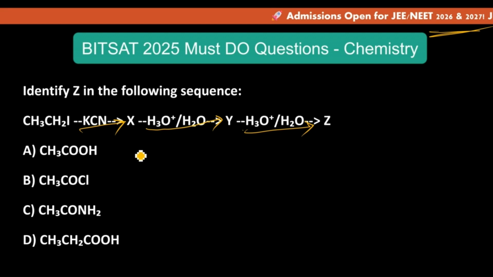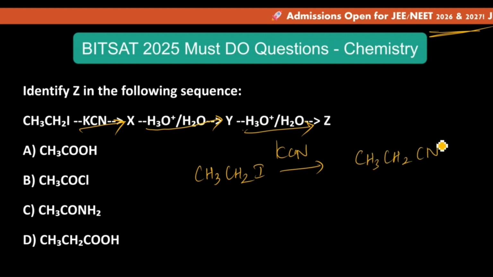So first, what will that give? CH3CH2I with KCl will produce CH3CH2Cl, correct? Just a substitution. It is undergoing hydrolysis.